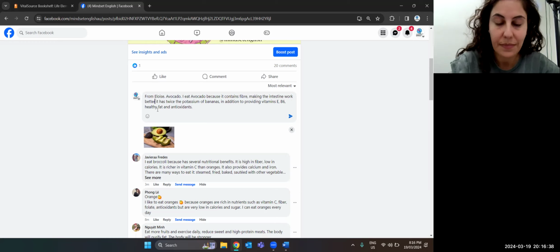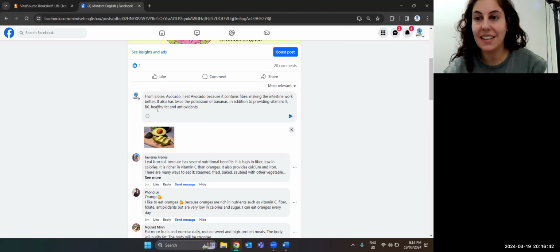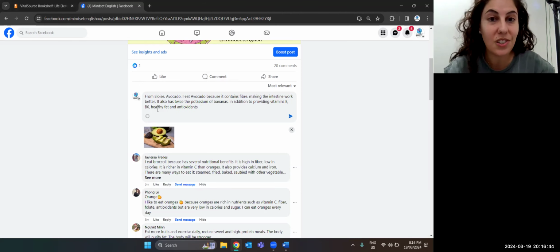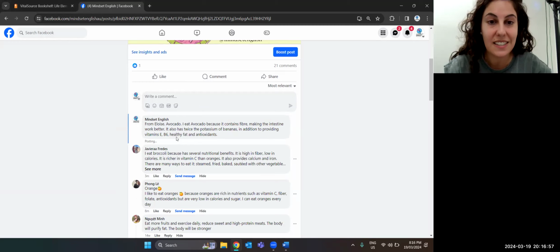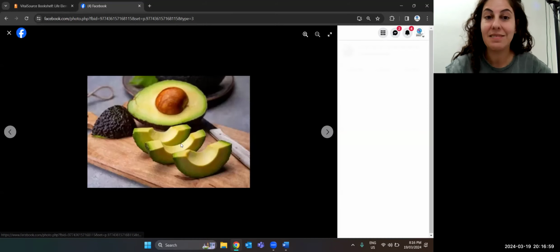Full stop. It's also, so when you add another point, you say it also has twice the potassium of bananas, in addition to providing vitamin E, B6, healthy fat, and antioxidants. Good. So that's a lot of good reasons for eating avocados.